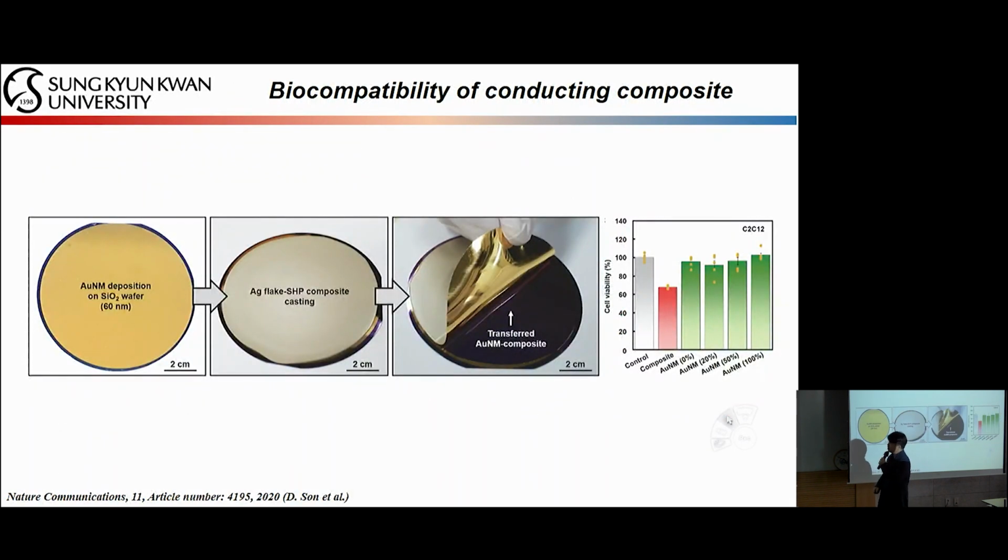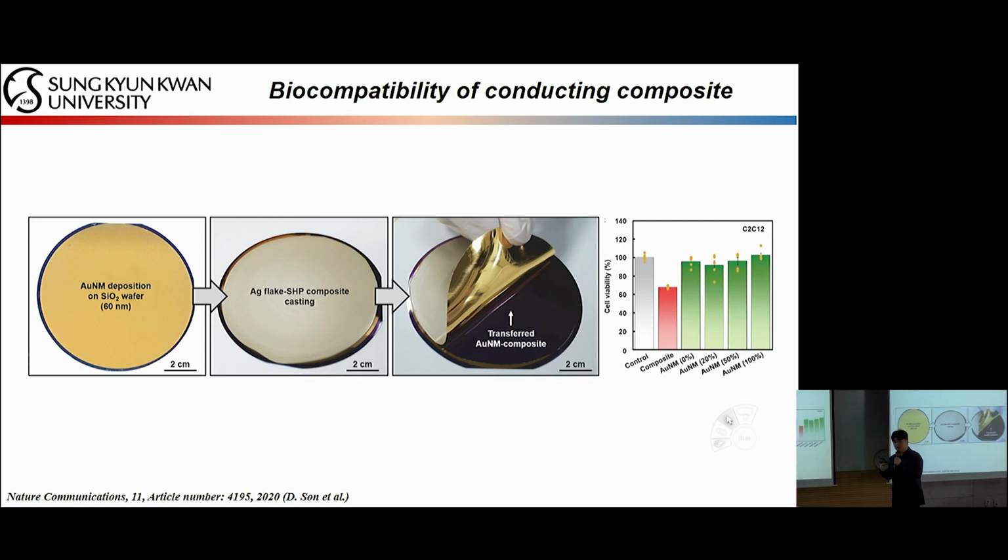Anyway, to further improve the biocompatibility of the composite material based on silver, we use the unstable interaction between gold and the silicon dioxide wafer. You know, silver and silver ions are a little bit toxic inside the body, so we should prevent the silver from reaching out of the composite material.